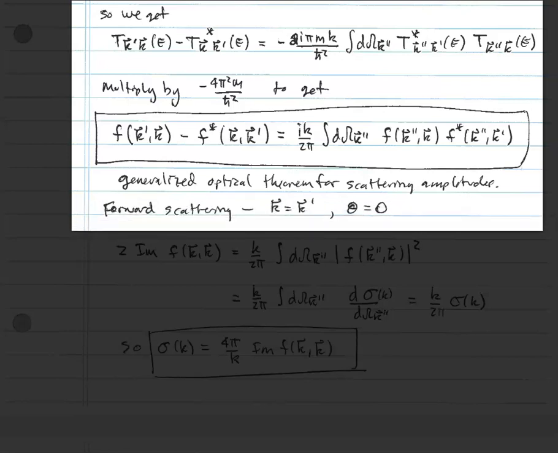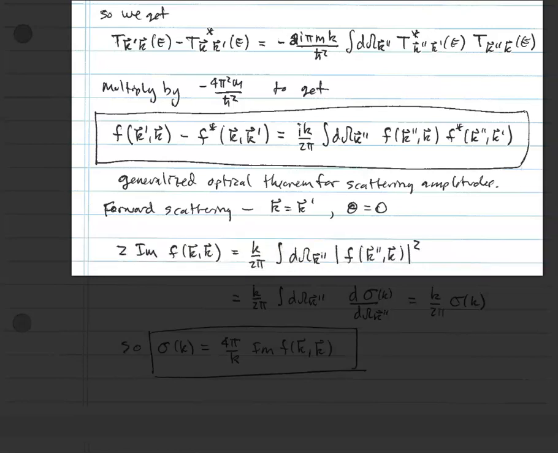The way that we use this generalized optical theorem is to look at forward scattering. That's the case where k prime is in the same direction as k. In essence, these are the particles that are not scattered. It is the case that corresponds to theta equals 0. Then if you look at the left-hand side of the generalized optical theorem, because k prime equals k, I'm just getting twice the imaginary part of f of k k.